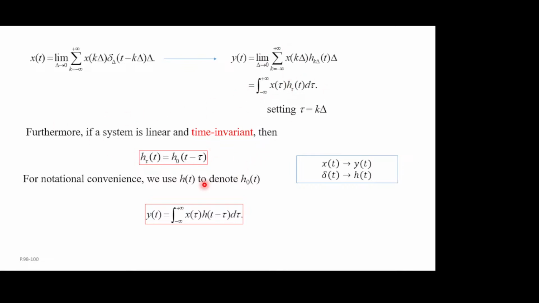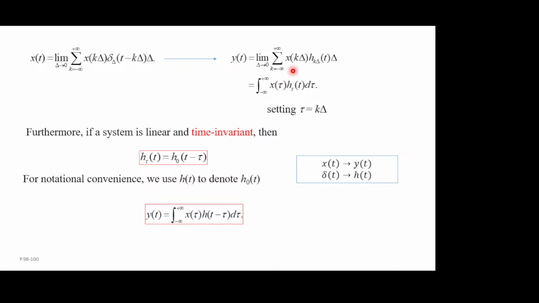And finally, we do the same thing: we say the system is time invariant. So those h of tau equal h0 of t minus tau, and h0 we call h. So now this is the continuous time convolution.